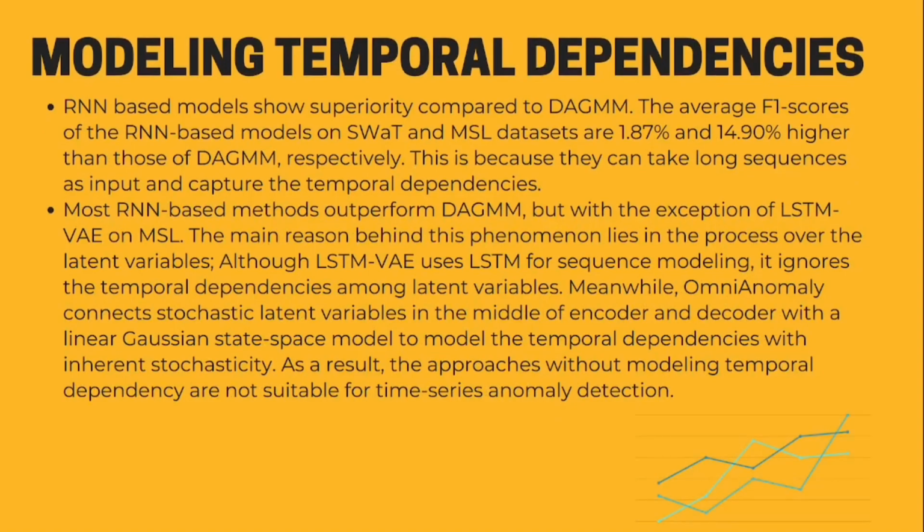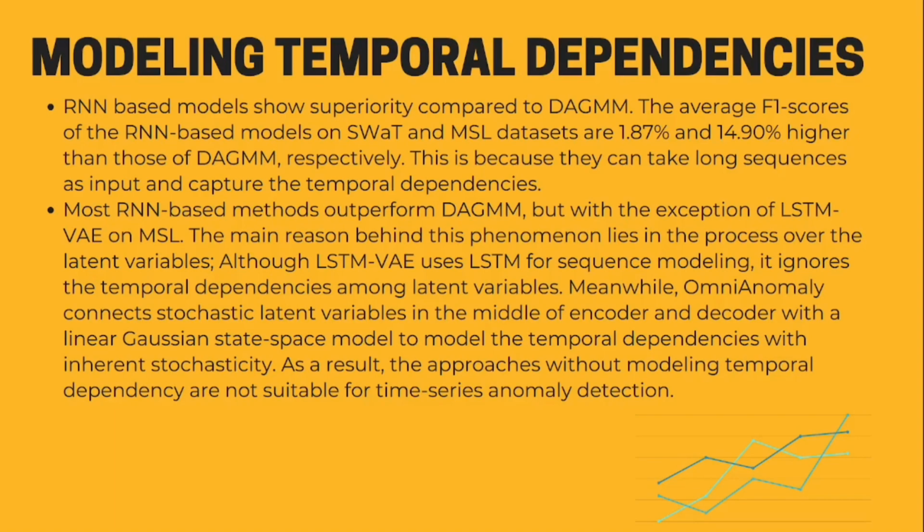So first of all, let's see how these models perform on modeling the temporal context or temporal dependencies. The RNN based models show better performance compared to the DAGMM model. The average F1 scores of the RNN based models on SWAT and MSL datasets are 1.8% and 14.9% higher than those of the autoencoder based DAGMM model.